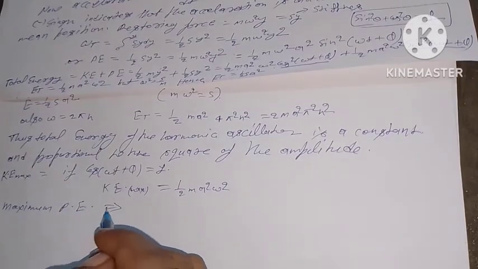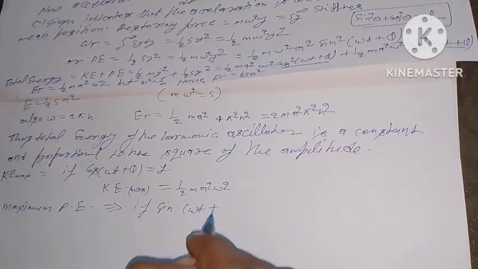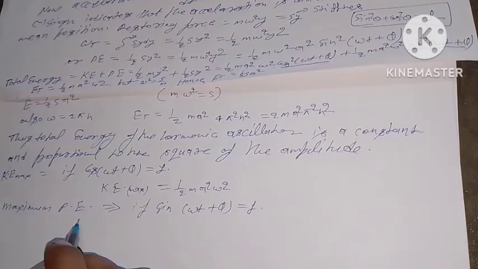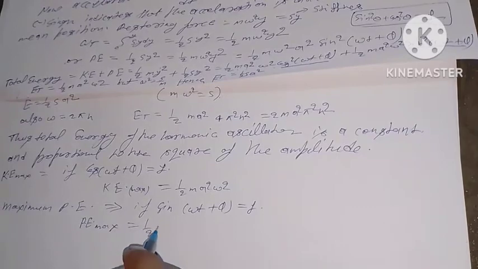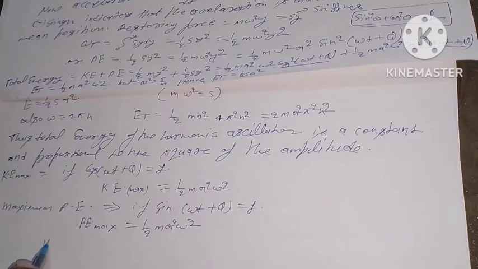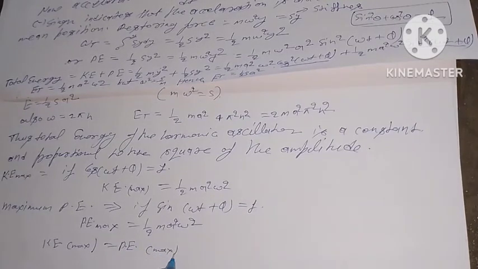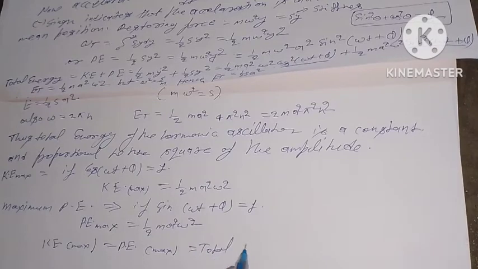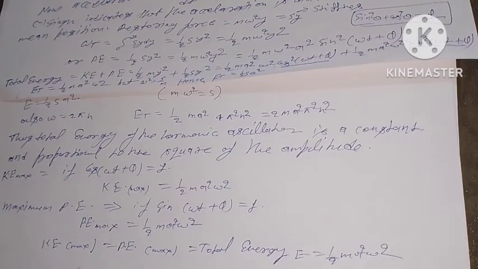The maximum value of potential energy for sin(omega t plus phi) equal to 1 is given by PE max equal to 1 upon 2 m a square omega square. Then kinetic energy max is equal to PE max, which is equal to total energy E equal to 1 upon 2 m a square omega square.